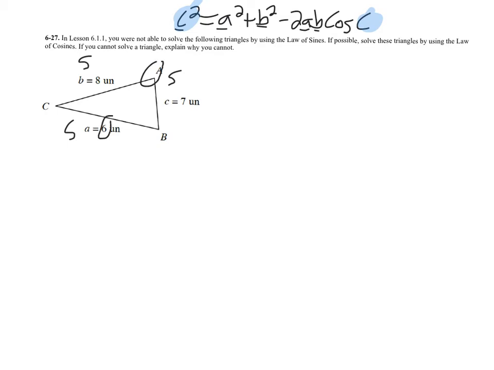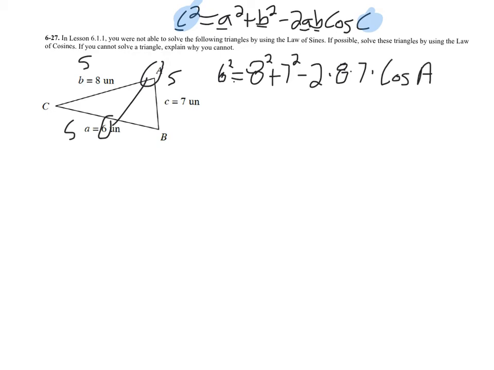So that means 6 is opposite angle A. So I'm going to go 6 squared equals my other sides, 8 squared plus 7 squared, minus 2 times 8 times 7 times the cosine of angle A.